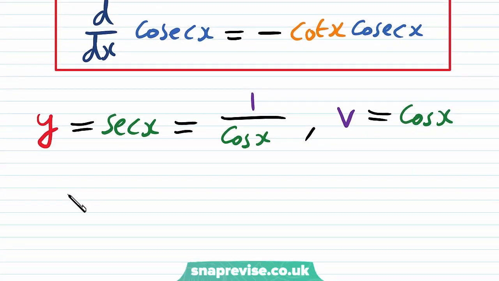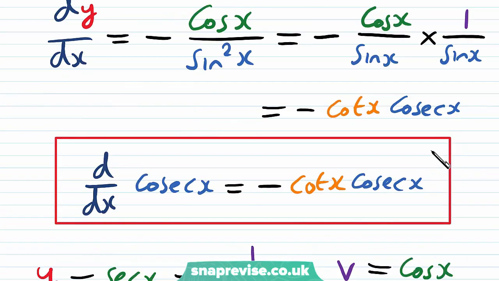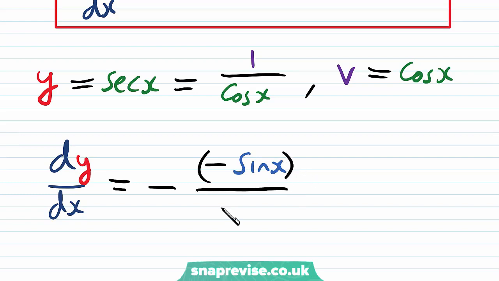So then in this case, in order to find our dy by dx, we again use the simplified quotient rule, and so we need minus the dv by dx divided by v squared. Well, v is cosine of x, and so dv by dx gives us another minus. And so we have the minus out front, and then we have the minus sine of x from dv by dx. And this is divided by the cosine squared of x, that is the v squared.